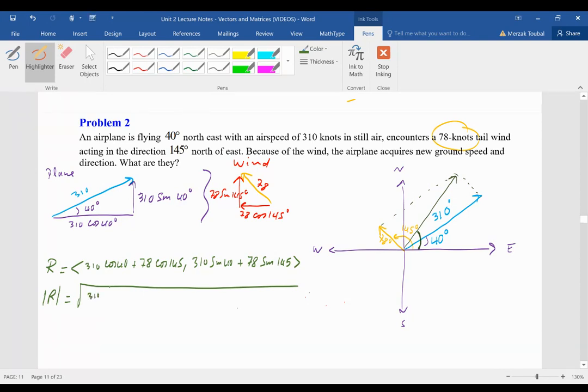So it will be 310 cosine 40 plus 78 cosine 145, squared, plus 310 sine 40 plus 78 sine 145, squared.